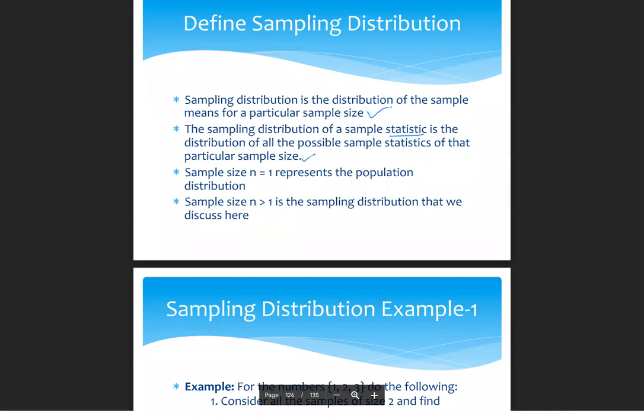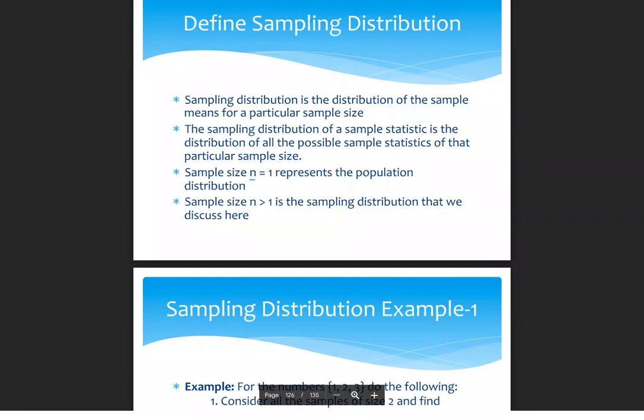So this in essence includes things other than the mean. It could be proportion, it could be standard deviation, things like that. Now, if the sample size is 1, then you're dealing with the actual population distribution. If the sample size is bigger than 1, then you're dealing with sampling distribution.